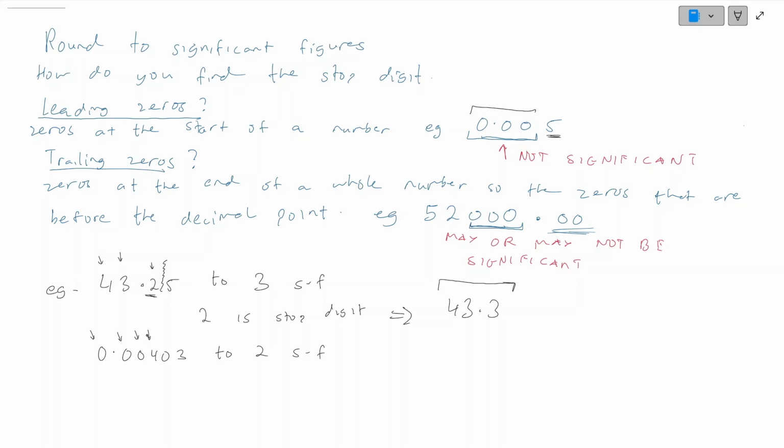This is going to be the first digit that is significant. Therefore, we'll start counting from here. Our first significant digit and our second significant digit. As you can see, the 0 in the middle will be counted as a significant figure. The only ones that aren't counted are the leading ones, the ones at the start. Therefore, 0 is my stop digit.